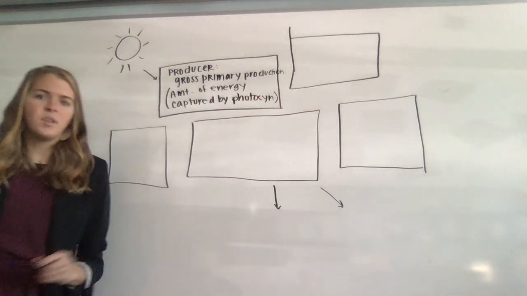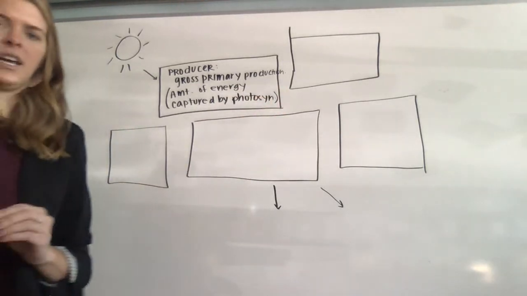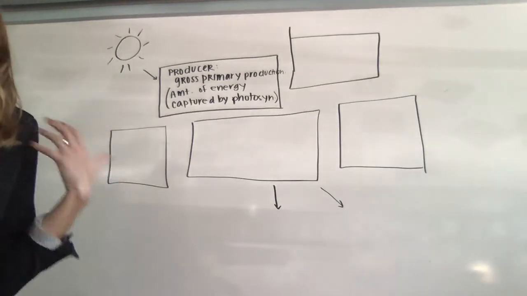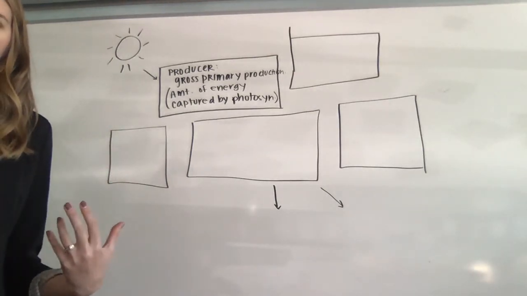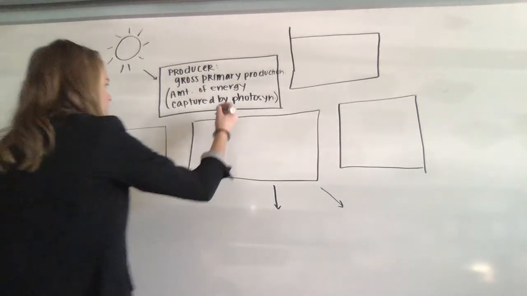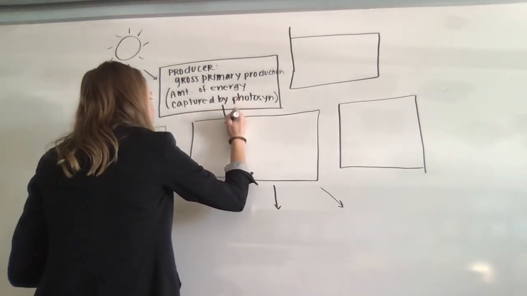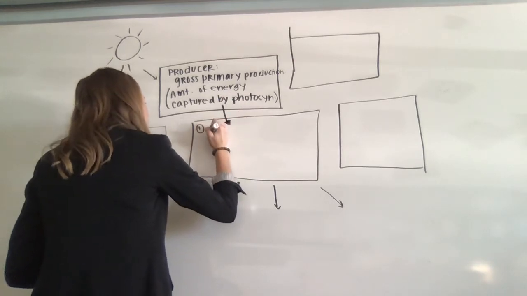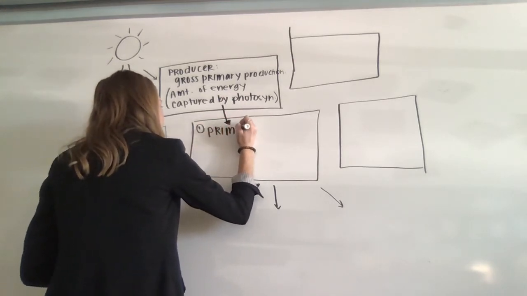So we know that plants have all of this energy from the sun. However, this energy from plants can go to different places. We already talked about how in food chains this energy can go to our primary consumers. So one option is to go to our primary consumers.